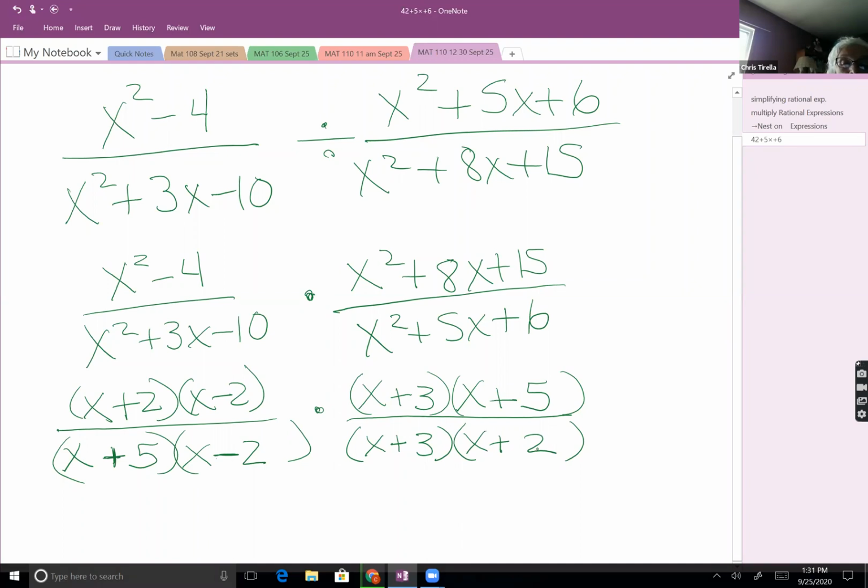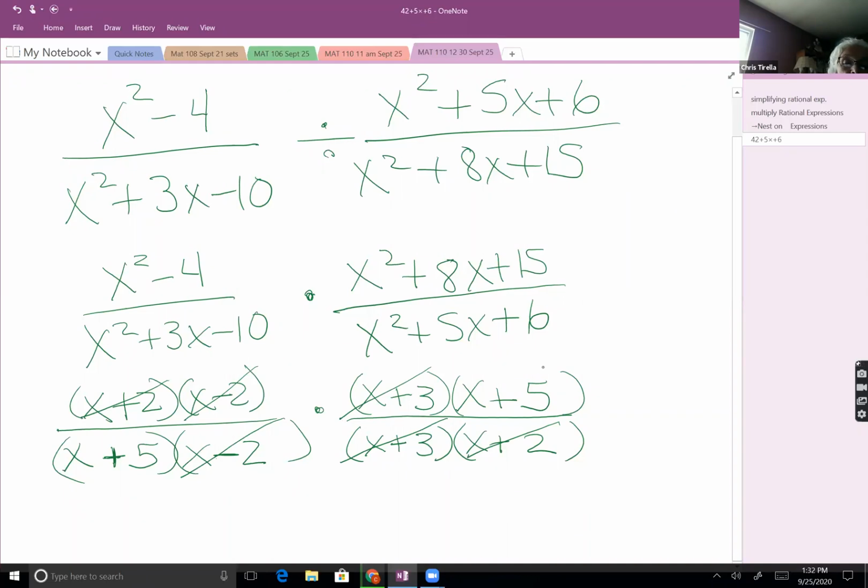Now, we have to see if there's anything common between the numerators and the denominators. And so let's see, x plus 2, that appears numerator and denominator. X minus 2, that appears both. X plus 3, that's a factor of both.